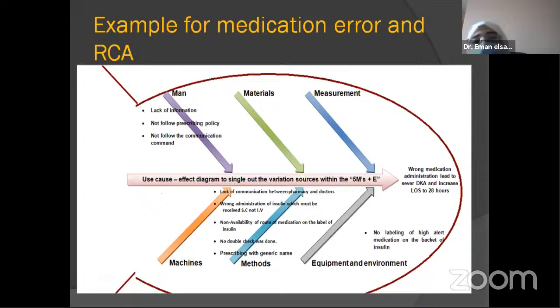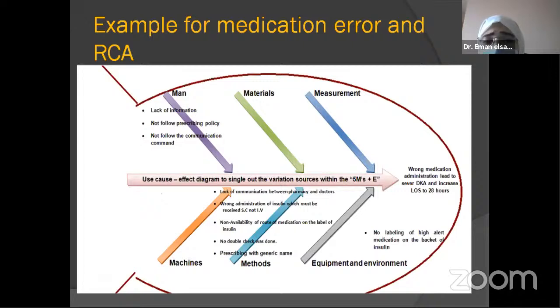And you see, these are all the cause factors that affected the patient. This RCA here is not proactive. It is to solve the problem and to know the cause of the problem, and to put a plan to prevent this error from repeating again.